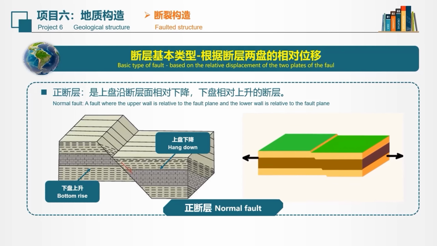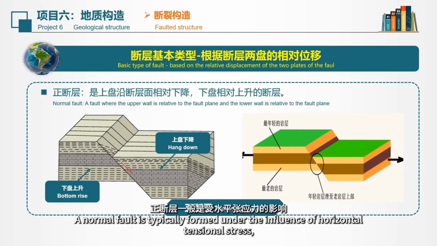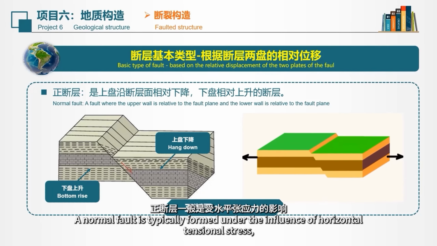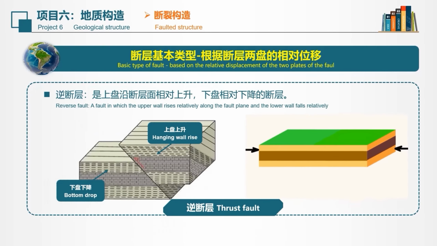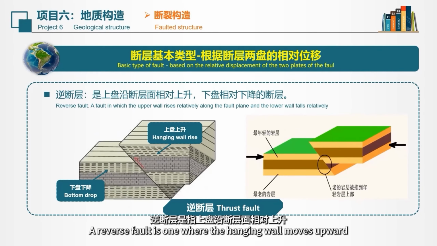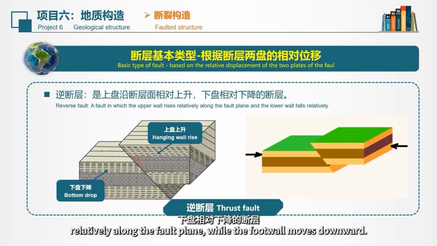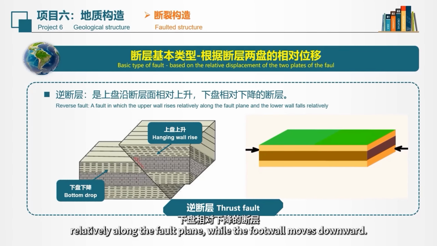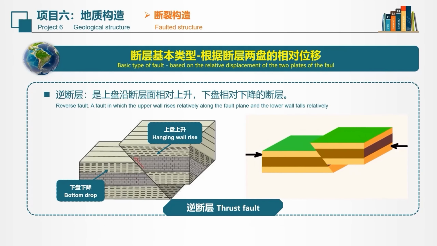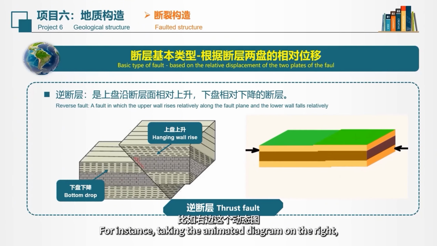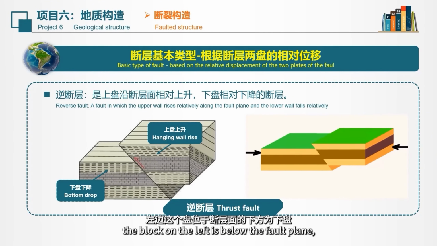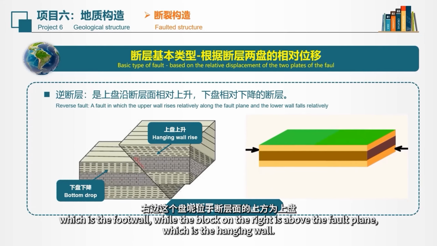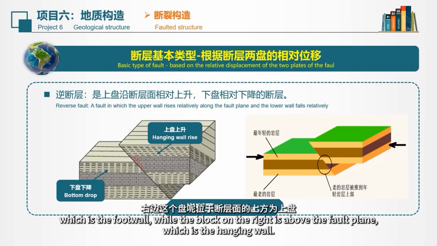A normal fault is typically formed under the influence of horizontal tensional stress, where the hanging wall slides down relatively. A reverse fault is one where the hanging wall moves upward relatively along the fault plane, while the footwall moves downward. For instance, taking the animated diagram on the right, the block on the left is below the fault plane, which is the footwall, while the block on the right is above the fault plane, which is the hanging wall.